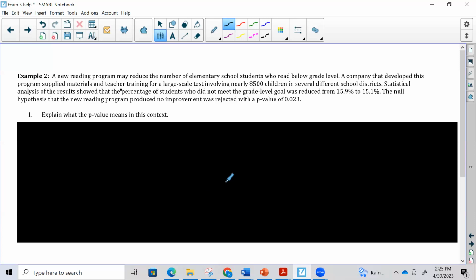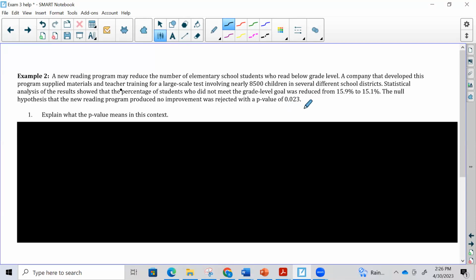Statistical analysis of the results showed that the percentage of students who did not meet the grade level was reduced from 15.9% to 15.1%. So this is the results of our sample. The null hypothesis that the new reading program produced no improvement was rejected with a p-value of 0.023.